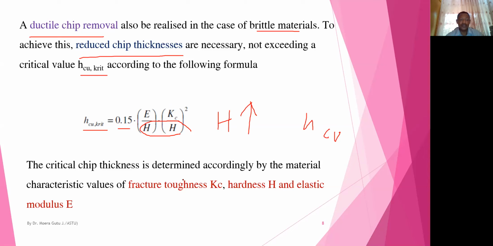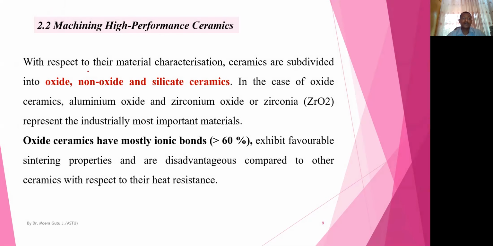So to determine the machinability of hard materials, it depends on three factors: the hardness of the material, the Young's modulus, and the fracture toughness of the material. So a material which has low hardness can be easily machined. Next, machining high performance ceramics.